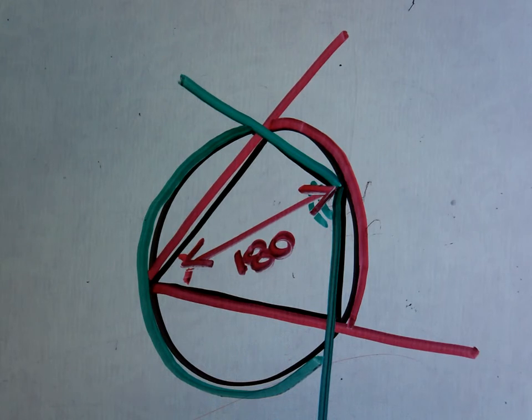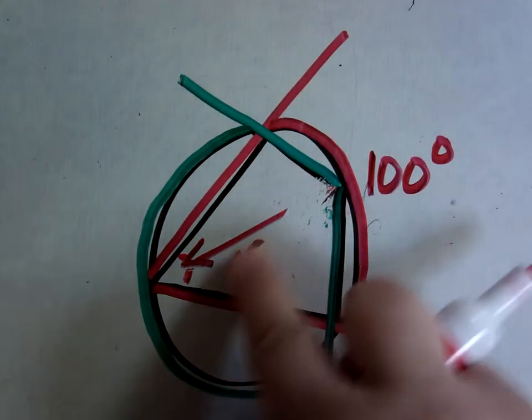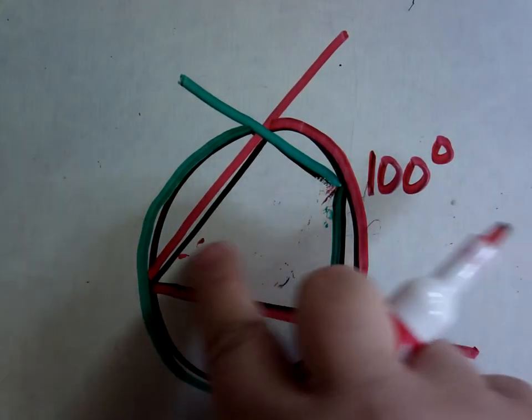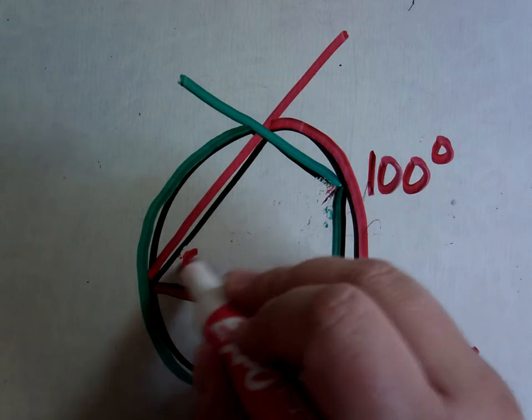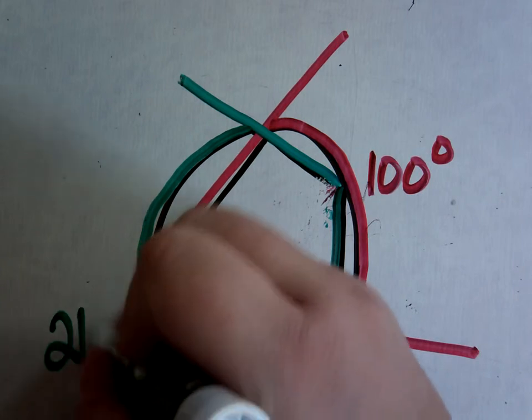Let me give you a more concrete example. Let's say that this one is 100 degrees. Okay? Then this little angle right here is 50. All right, now if that's 100, then the green arc would be the rest of the circle. So 360 minus 100, which is 260.